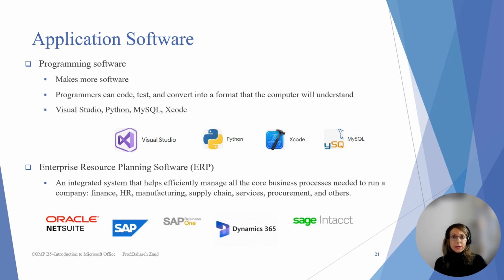It has HR, finance, supply chain, and manufacturing, and they're all put together in one centralized system called ERP. Some examples are SAP, Oracle, NetSuite, Dynamics 365, and Sage.